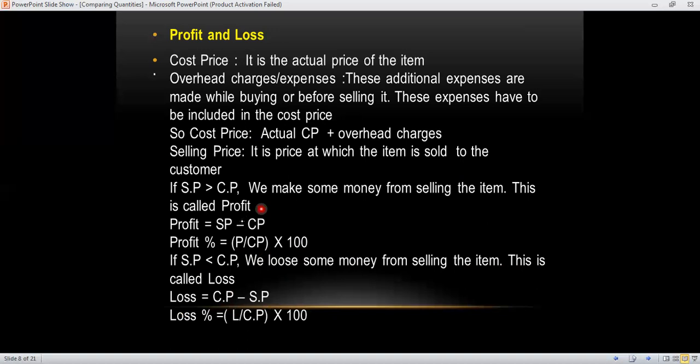So these are the formulas by which you can find whether we are facing loss or profit on any item, and also you can find the percentage of profit and percentage of loss.